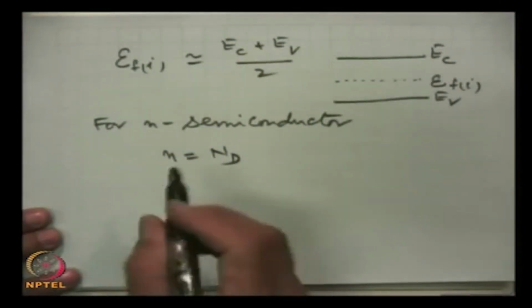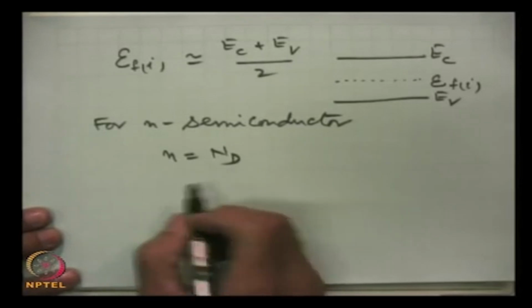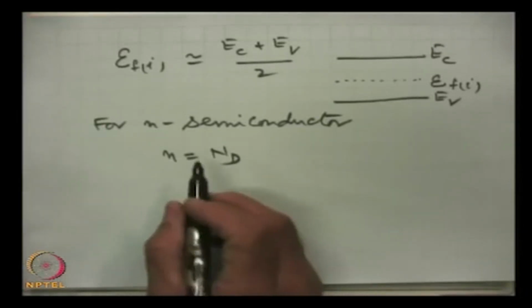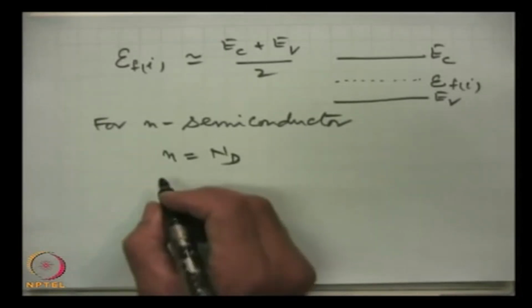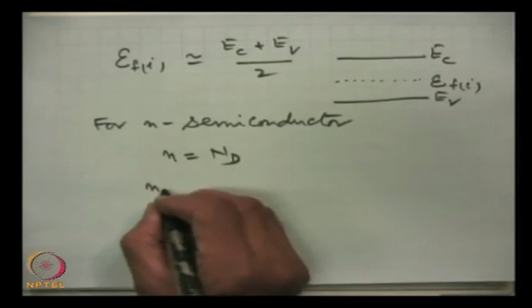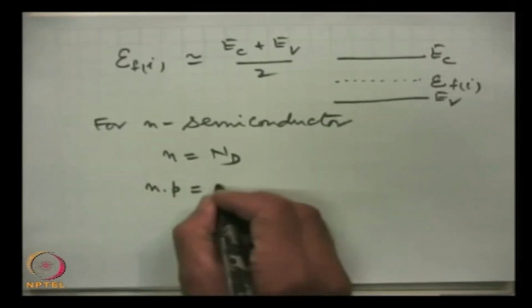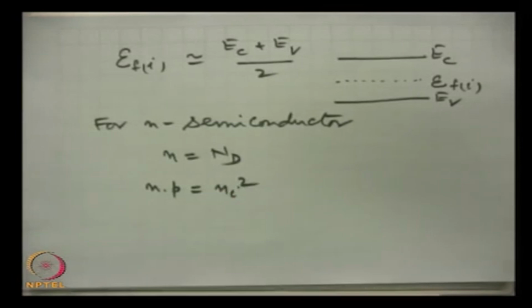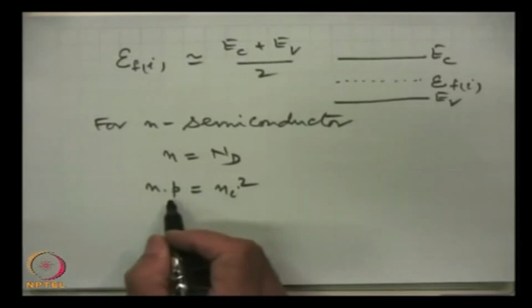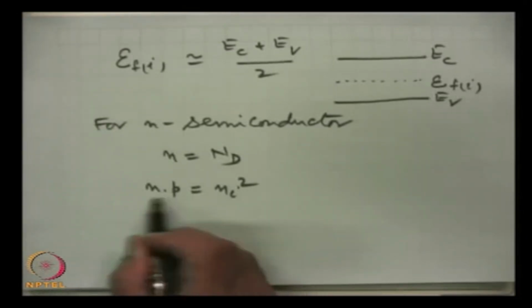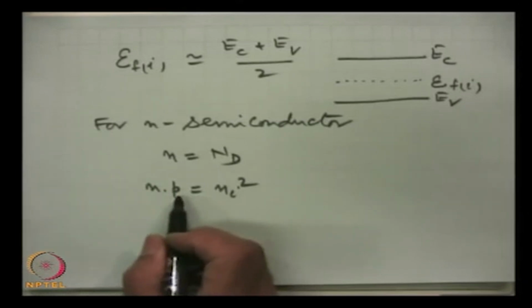And we can find out the hole concentration in N type material, and for that we use a very useful relation, and that is n p is equal to n i square, where n is the electron concentration and p is the hole concentration in the same material. If we are talking of N type material, then these concentrations are in N material.